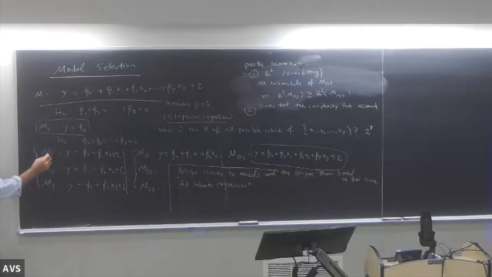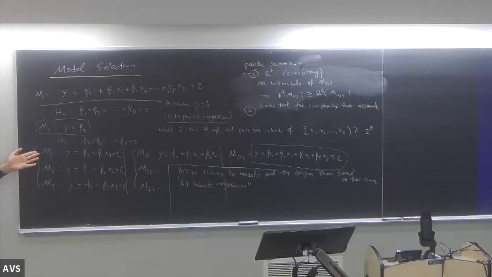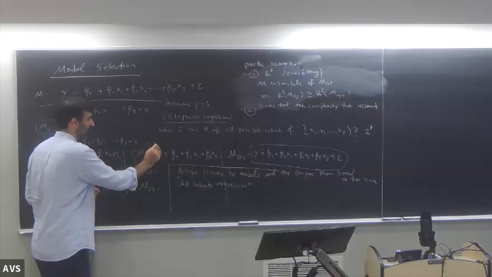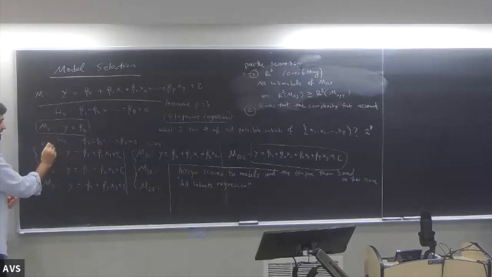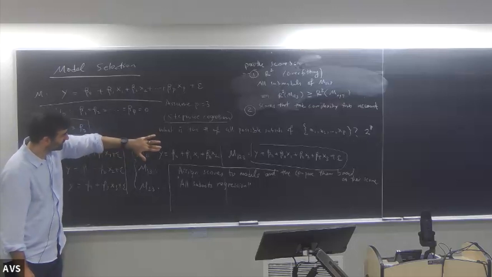So if I compare M1 and M12, let's say the R squares are close, the R squared of M12 is always going to be bigger than M1, but not too big. So if the R squared of this is like 0.79, and this is 0.78, I would prefer this model. So that's how these scores are built.